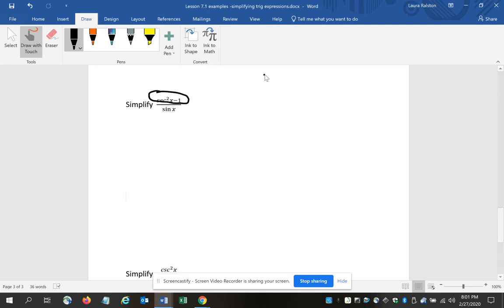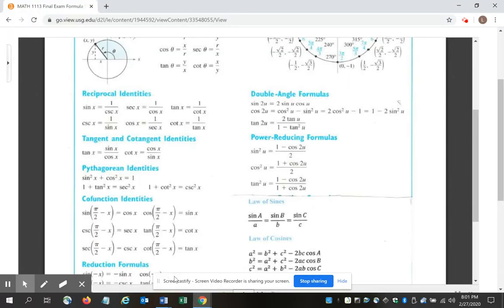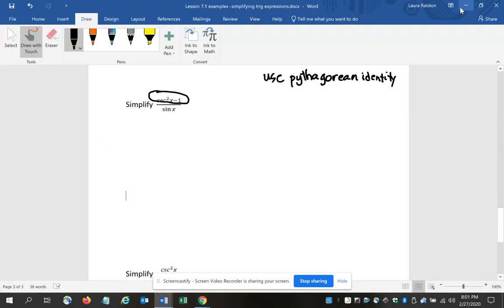So again, that makes me think of the Pythagorean identity, and we can look at it just to make sure we get it right. 1 plus tangent squared equals secant squared. So 1 plus tangent squared x equals secant squared x.